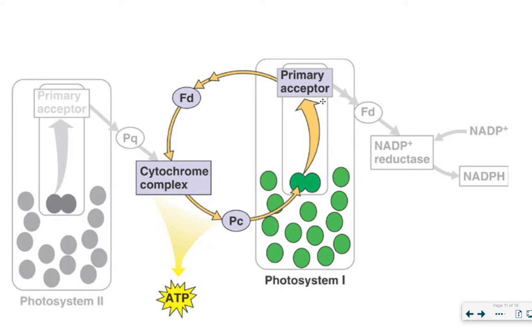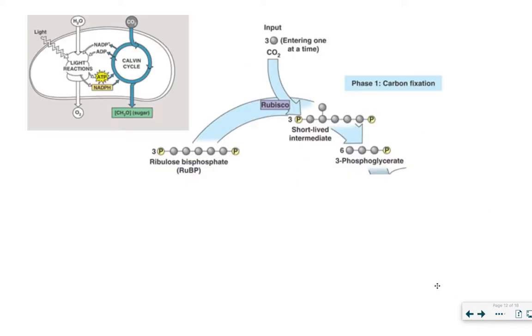So this is just done at a time when ATP might be short, and then the chloroplast will have to kick back into non-cyclic electron flow in order to reestablish the production of NADPH. Once ATP and NADPH are in proper concentration, the Calvin cycle can begin.